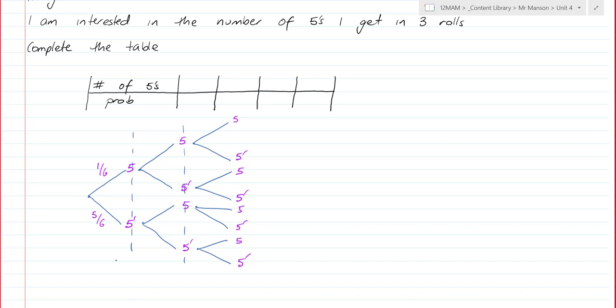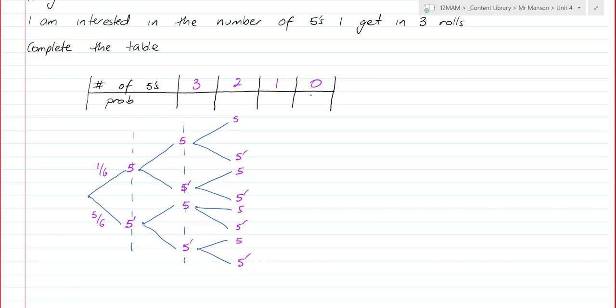This is a discrete probability distribution: either I get 3 fives, 2 fives, 1 five, or 0 fives. They're my only 4 options. Out of 216 options, I can summarize it down to those particular ones, because that's the focus of the question. So always be aware that we're simplifying the problem quite considerably based on the context.